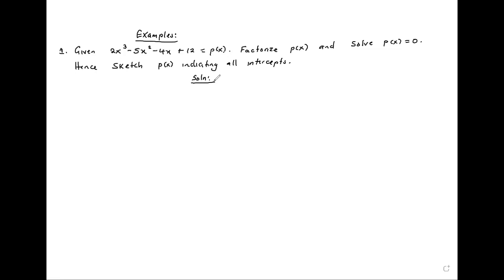Solution. So the polynomial given is P of x is equal to 2x power 3 minus 5x squared minus 4x plus 12. Step 1, we look for a factor, any number that when you substitute for x will give 0.